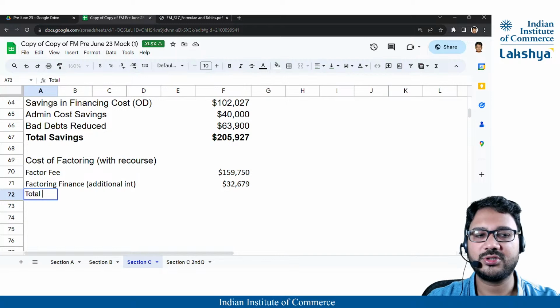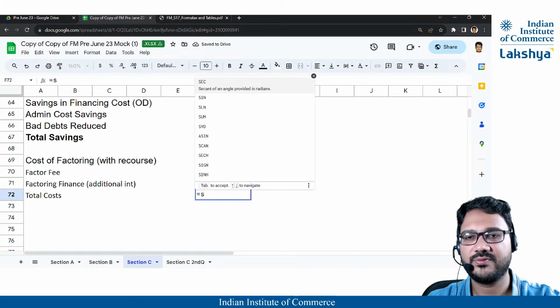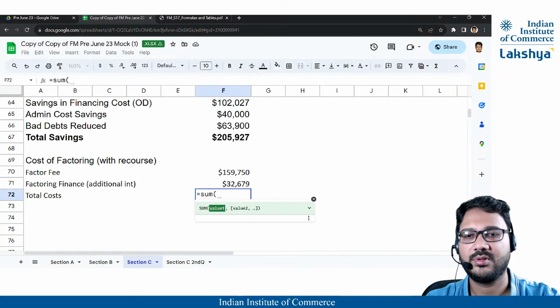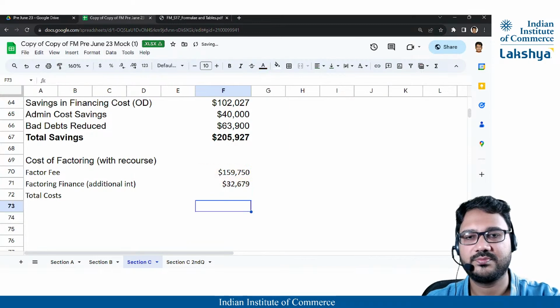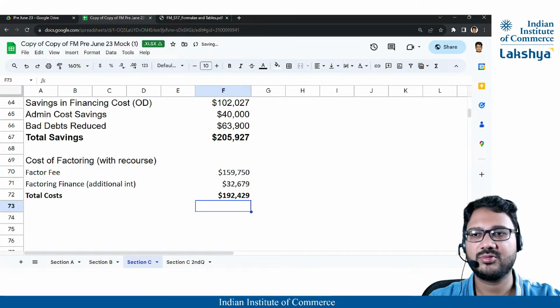Therefore, our total costs will be the sum of these two. Okay, so that's our total cost.